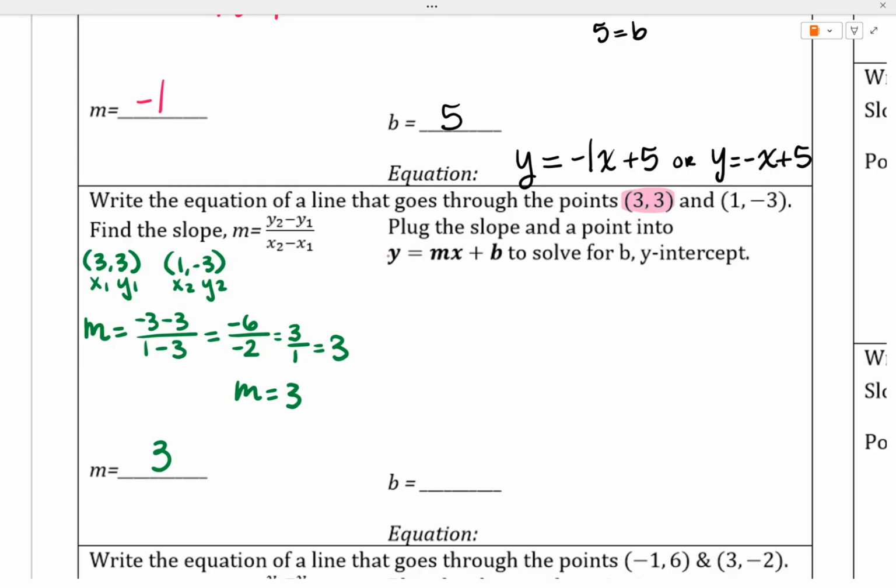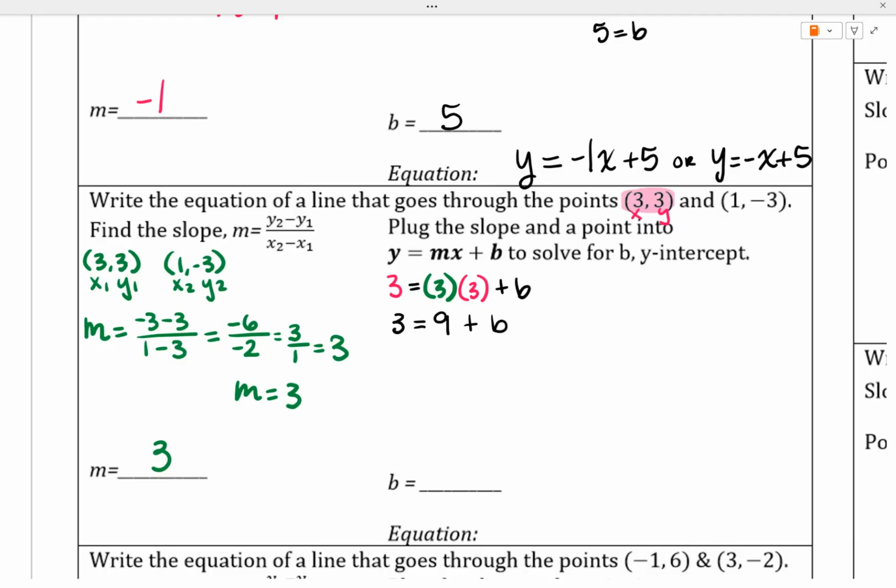So right where we see y, my y value is 3, equals m, my slope, which is 3, times x, which also happens to be 3, plus b. So we have 3 equals 3 times 3 is 9 plus b.